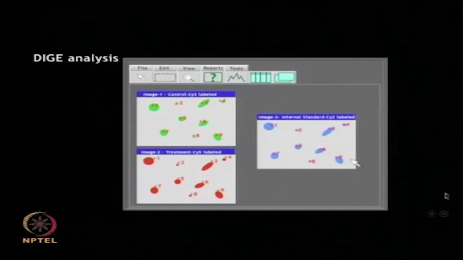Other features and tools for DIGE analysis are similar to those used for 2DE analysis. The physical and statistical parameters of all spots on the gels can be determined through their corresponding reports.